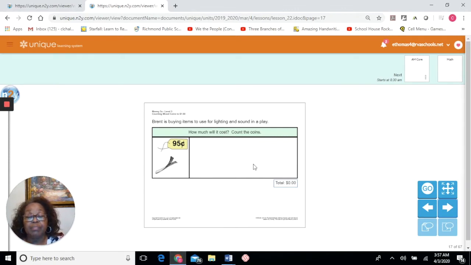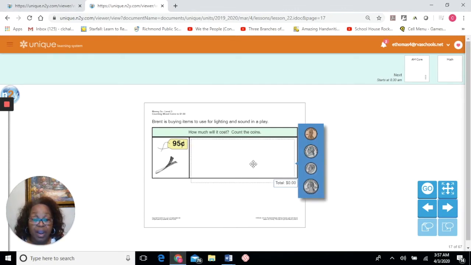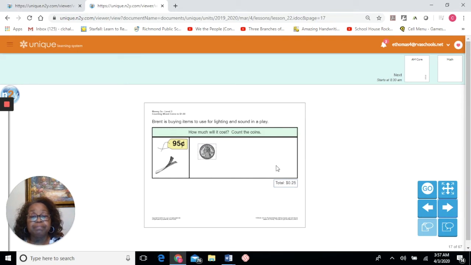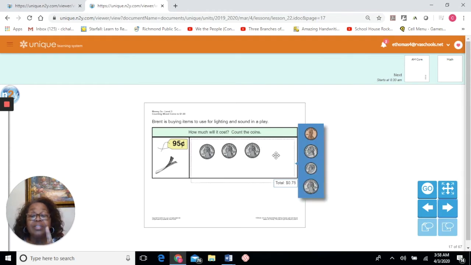95 cents. We want to start with our highest value coin, and our highest value coin is 25 cents. 25, 50, 75. We've got 75. Another quarter would be a dollar. That's too much. So let's try dimes.